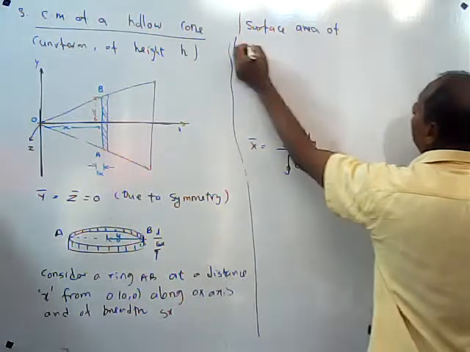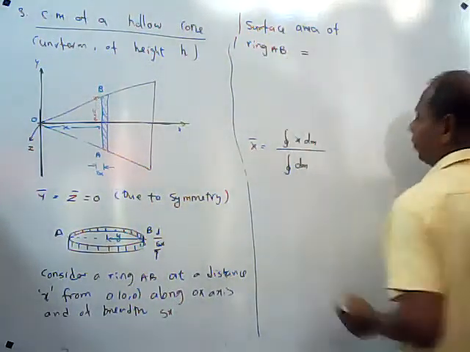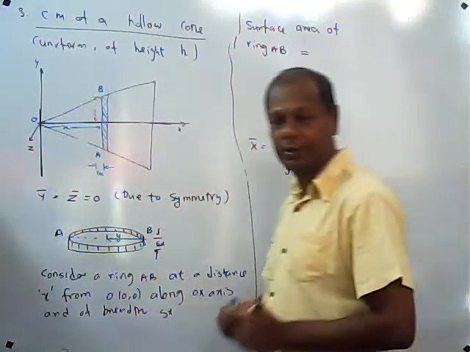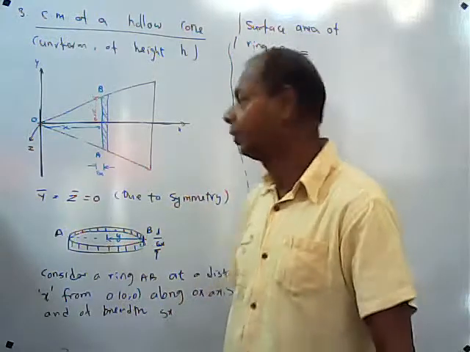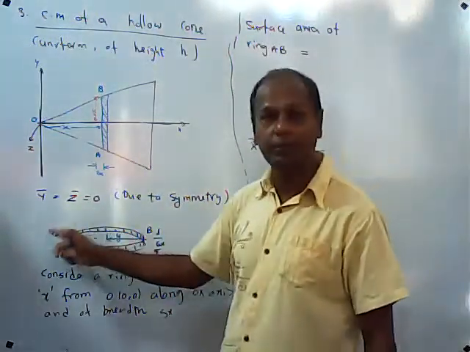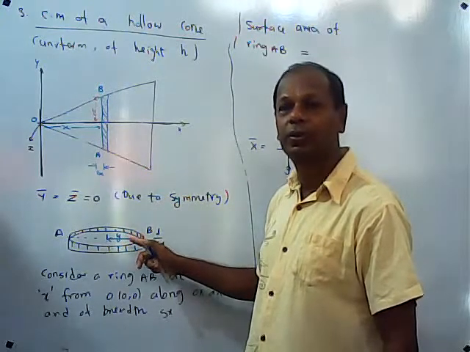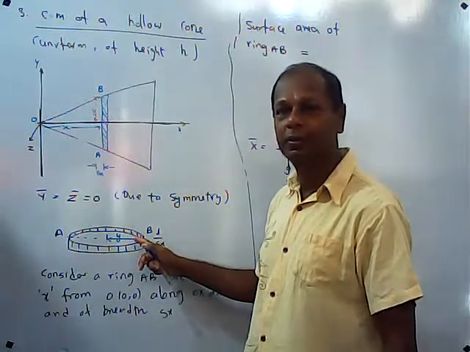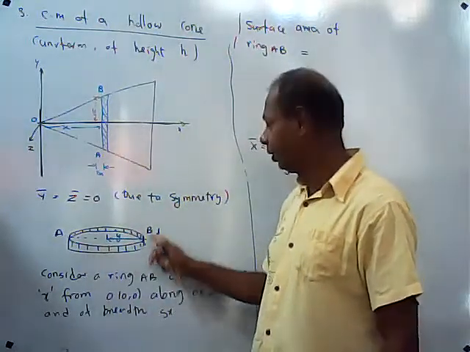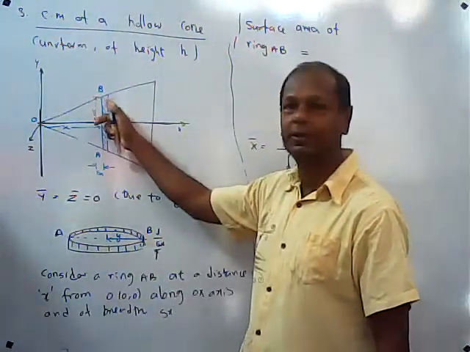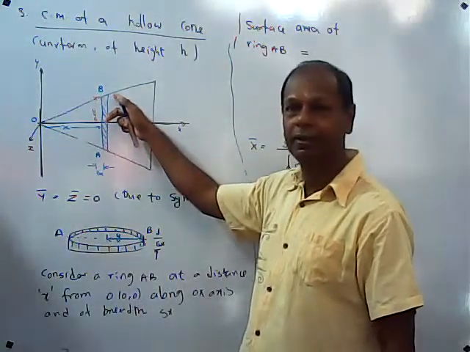Surface area of ring AB is equal to, yes, very good, surface area. It is 2 pi y into delta x. There we neglect the inclination, right? It is slanted here.